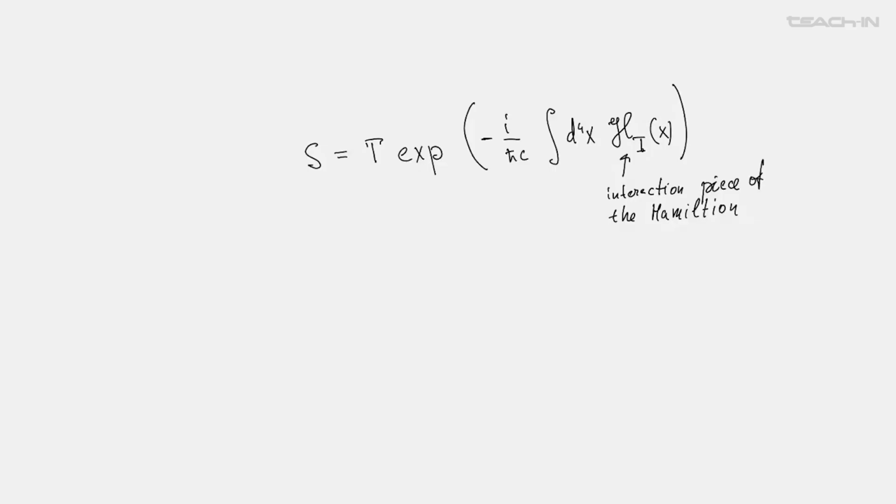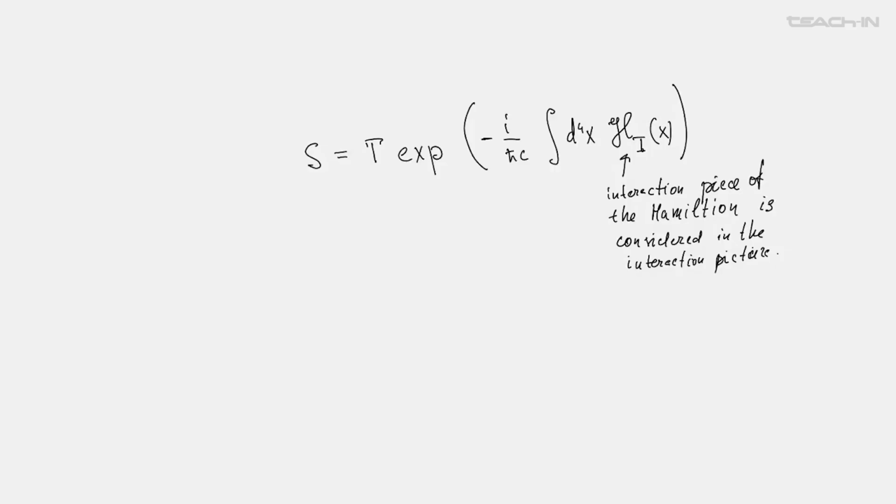So this interaction piece of the Hamiltonian is therefore considered in the so-called interaction picture, which essentially means that this Hamiltonian density evolves as in the free theory, by means of the free Hamiltonian.